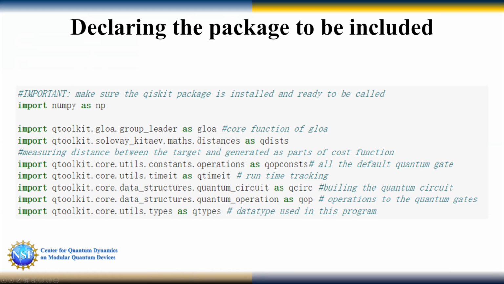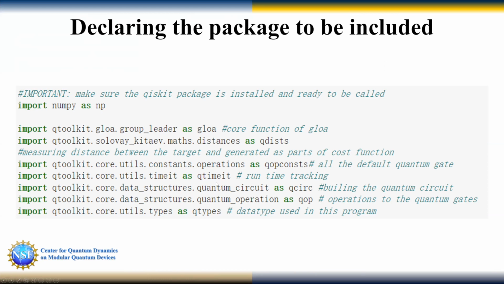First, the GLOA function serves as the core function of GLOA. QDIS is a mathematical function that helps measure the distance between the target and the generated circuit, as part of the cost function. The QUpConstant function records all the default quantum gates.